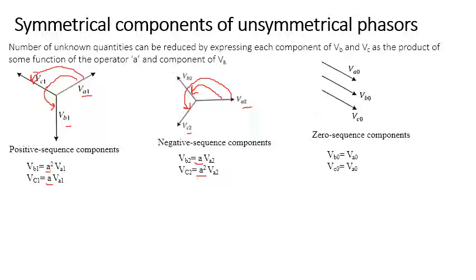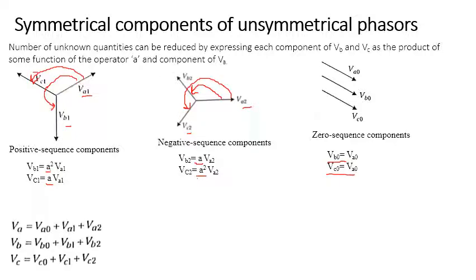We know that phase A, phase B and phase C each consist of zero, positive and negative components, where 0 stands for zero sequence, 1 for positive and 2 for negative. VA contains zero, positive and negative; VB is similar and VC is also similar. Consider this as equation 1.